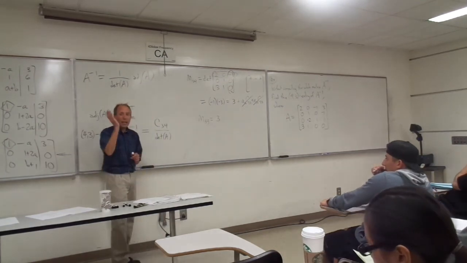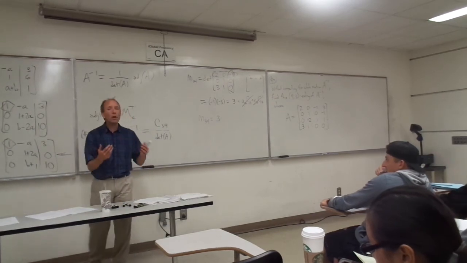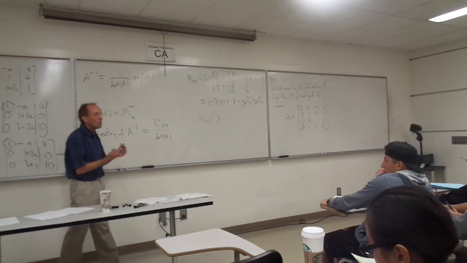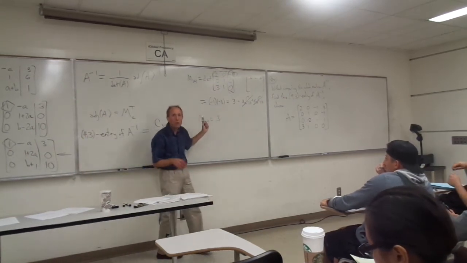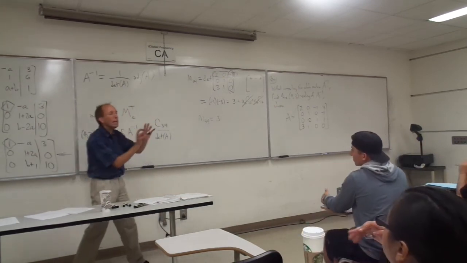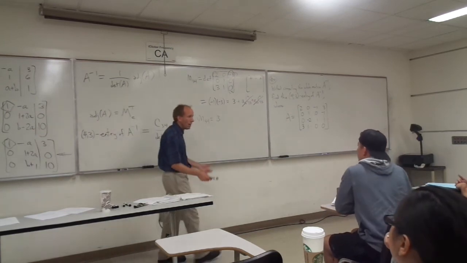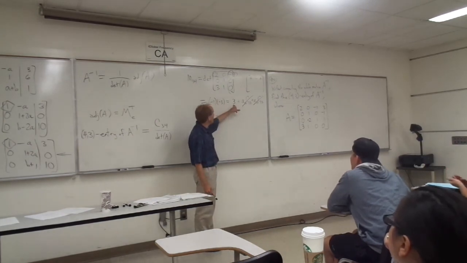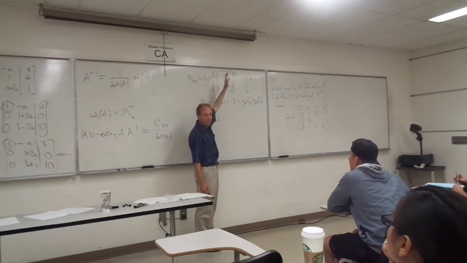And when you do the arrow method, when there are variables in them, you're going to end up with expressions that are harder to algebraically simplify. The cofactor expansion method is actually going to be your friend, even on a 3 by 3, just because it's going to set things up algebraically in a way that you can work with it better. So I just really want to emphasize, try to be working on that. Everybody okay with it? Can everybody get the answer of 3 just from expanding the third column?